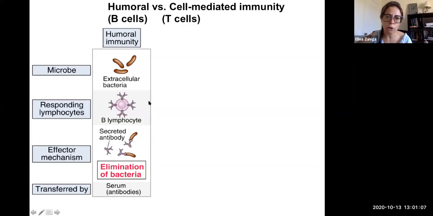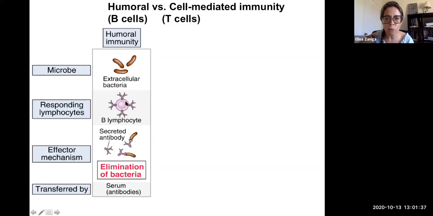Remember, we have many naive clones with unlimited specificities, but now some of these clones will recognize a part of this bacteria with higher strength, and that will select and activate that clone, which will proliferate and differentiate into effector B cells. And the effector B cells, we said, are also called plasma cells, which are like an antibody factory.